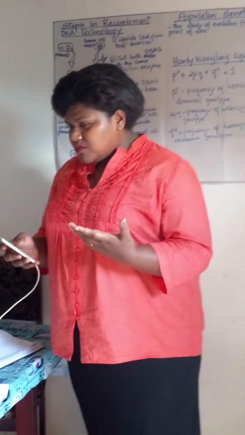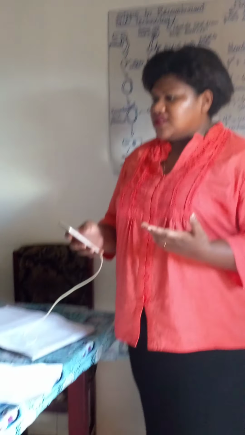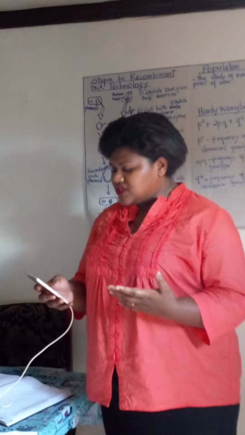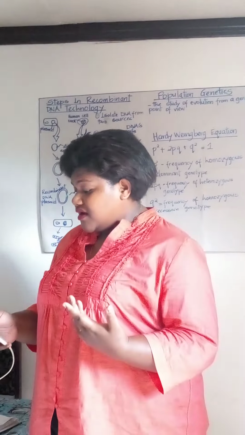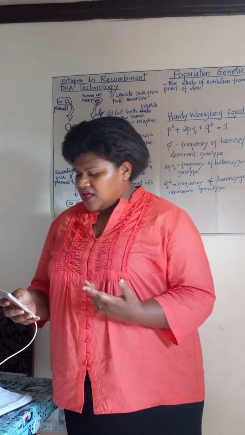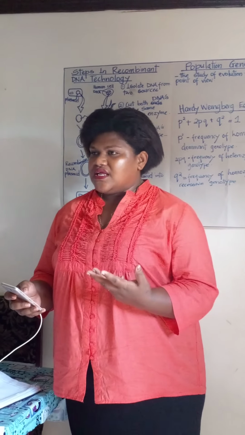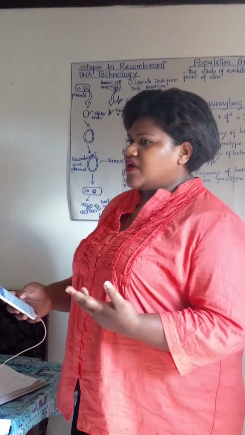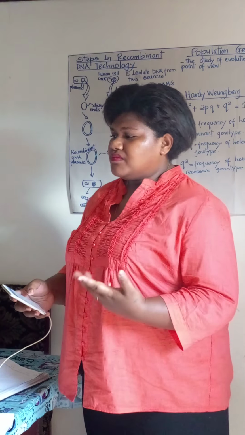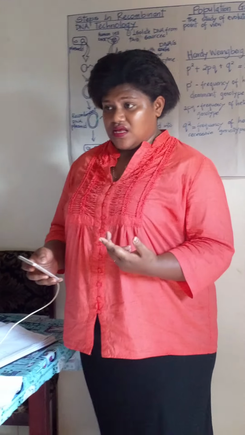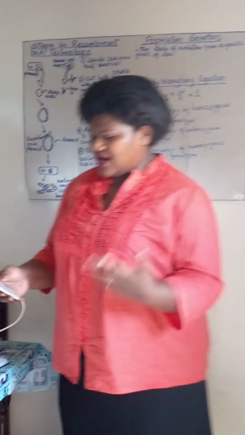And the third objective is you have to calculate the percentage and frequency of population by using the Hardy-Weinberg principle. Those are the 3 learning objectives that you have to meet at the end of this 1 hour class.